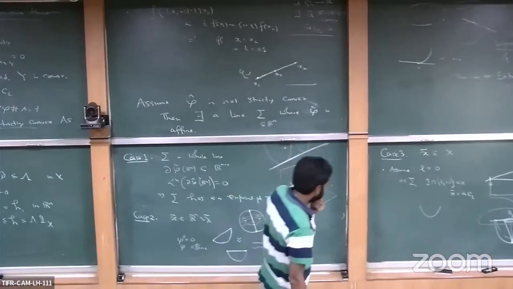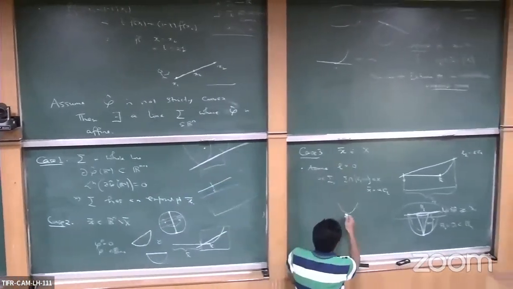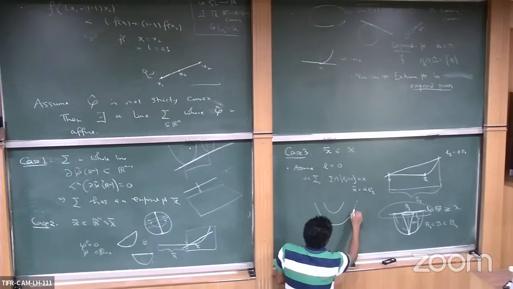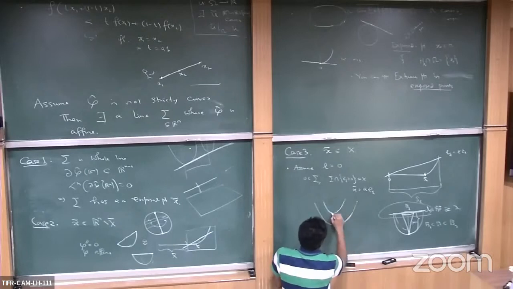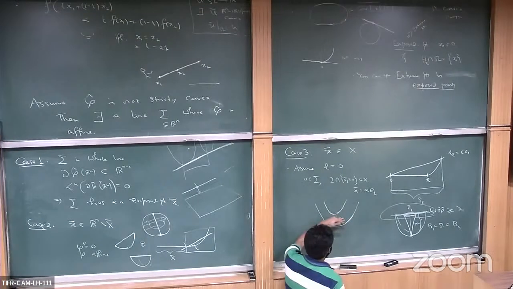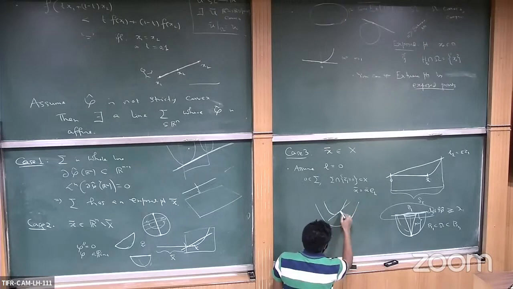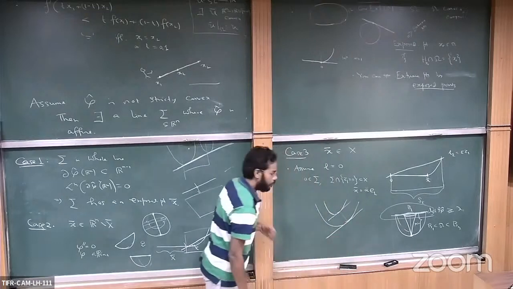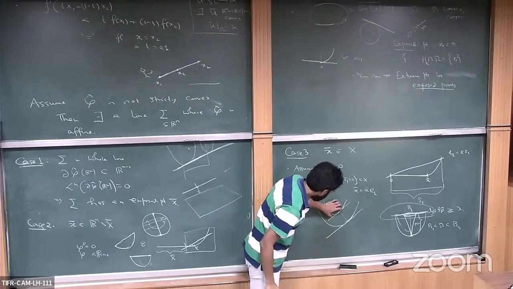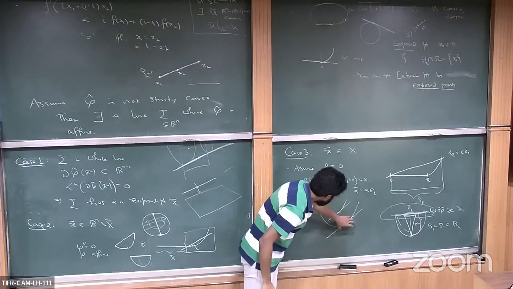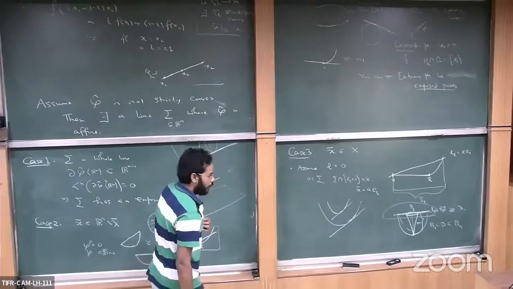So if you have two convex functions, and this one lies above this one, then if you consider any hyperplane and flip it sufficiently down, it will also be a supporting hyperplane, and therefore the Monge-Ampère measure should be bigger than or equal to that of this one.